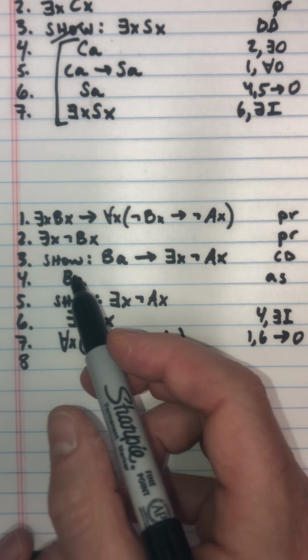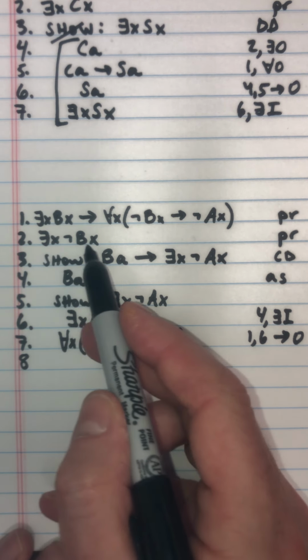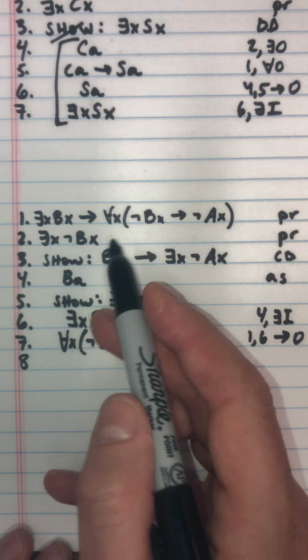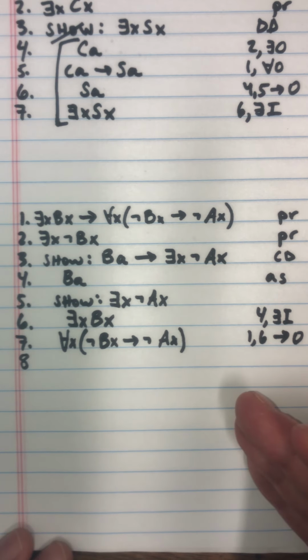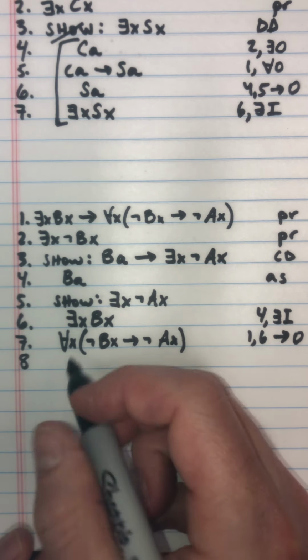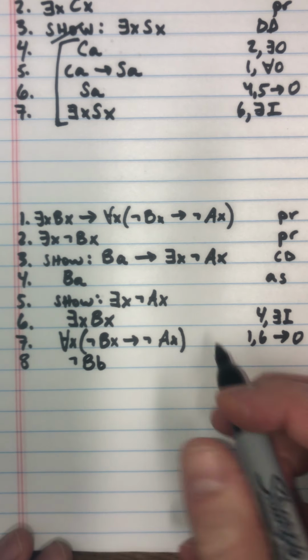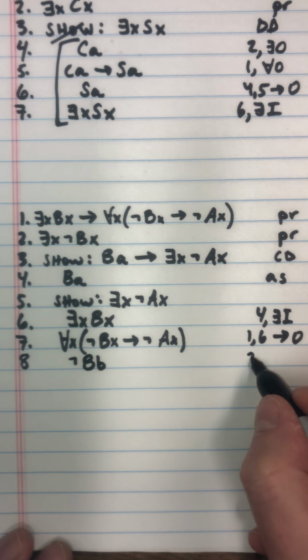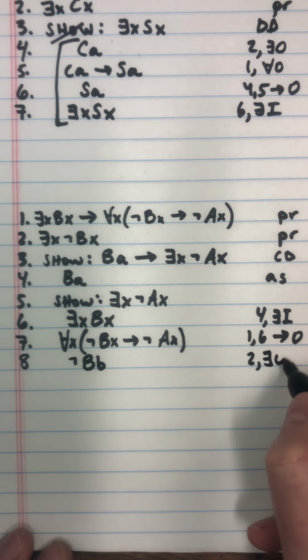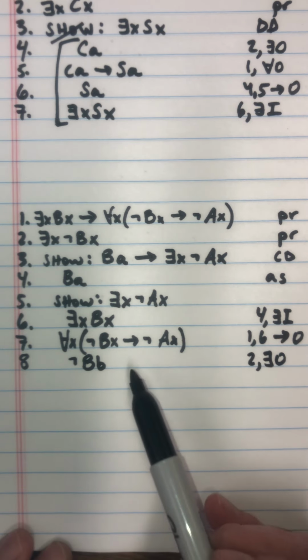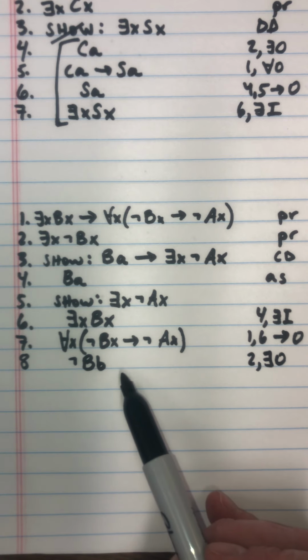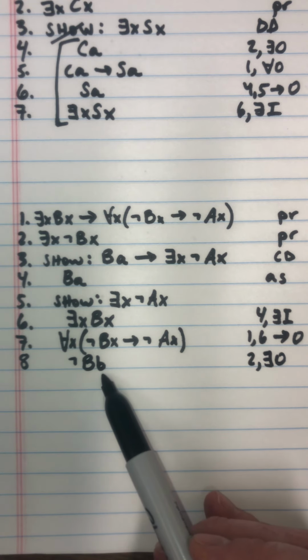So in this case, I'm going to do existential out with line 2 and replace that x with a B, because that's the next constant that's unused, that's new at this point. So I'm going to get not B, B. That comes from line 2 by existential out. And again, it's an acceptable application of existential out because B is at this stage in the proof new.